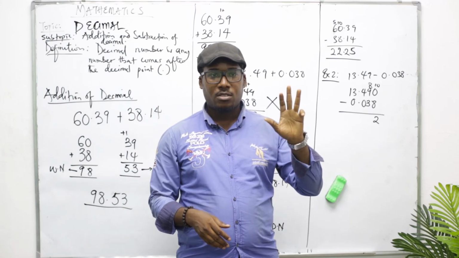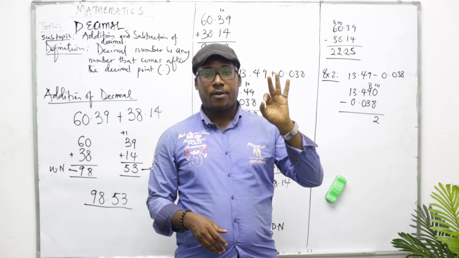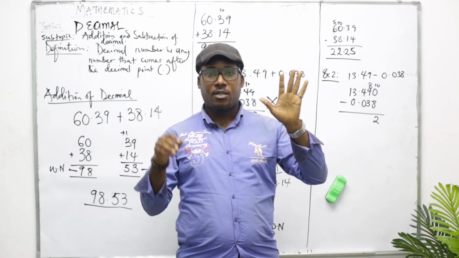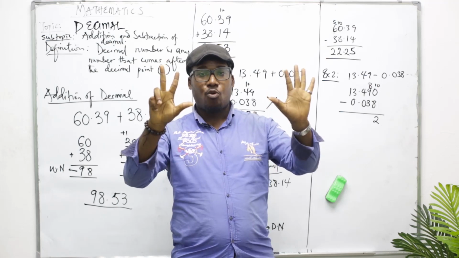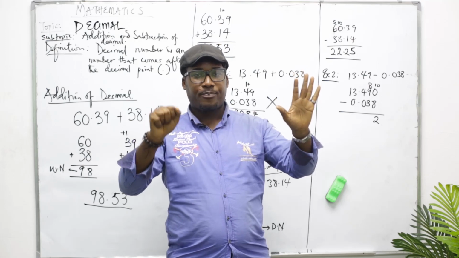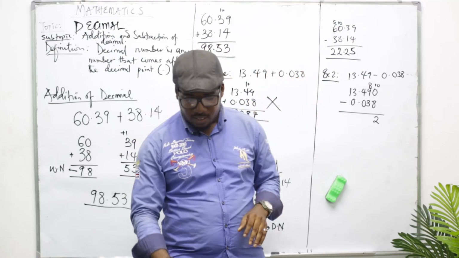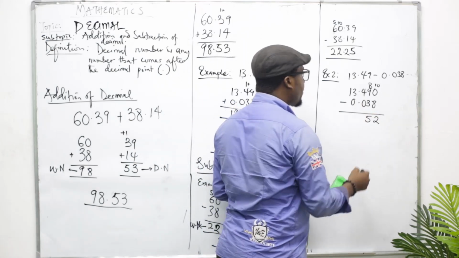We have 1, 2, 3, 4, 5, 6, 7, and 8. So these are 8. We have to remove 3 now. 1, 2, 3. We are now left with 5. 8 minus 3 becomes 5.